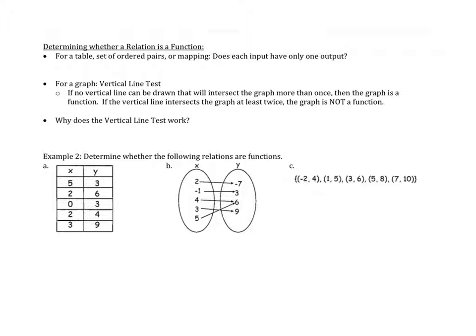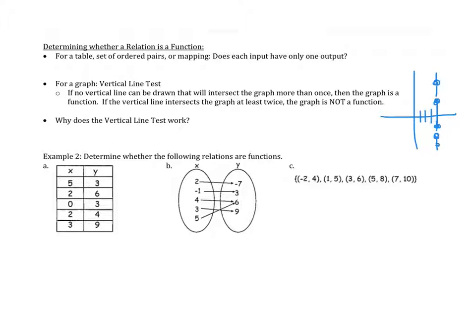Okay, so let's talk a little bit about that vertical line test. If I am drawing a vertical line on an xy axis, notice that every single point on that line has the same x value, but most of the points have different y values.